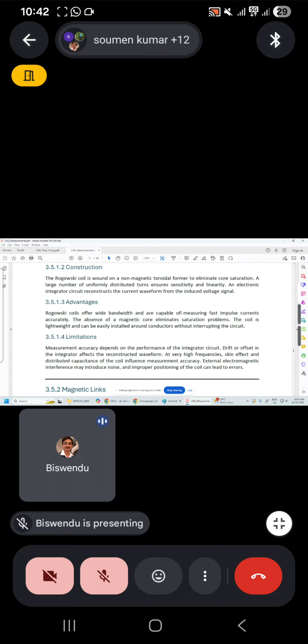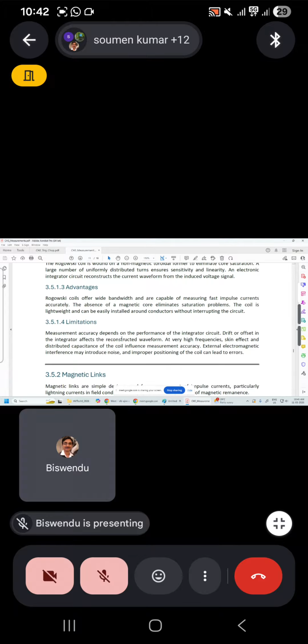Advantage: since it has no core, it is capable of measuring very fast impulse current. Absence of magnetic core saturation, and it is lightweight and can be easily installed around conductors. There are limitations also.